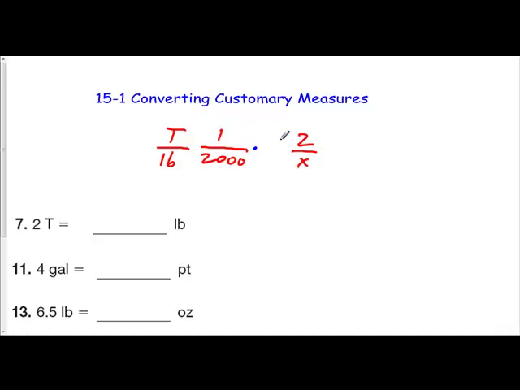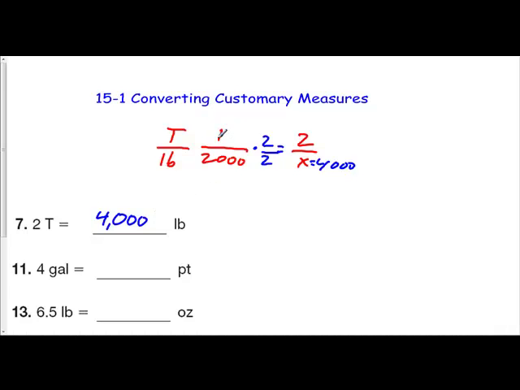How do I turn 1 into 2? 1 times 2 is 2, and so I create my magic 1 of 2 over 2. 2,000 times 2 equals 4,000. So X equals 4,000. So in 2 tons, there are 4,000 pounds.